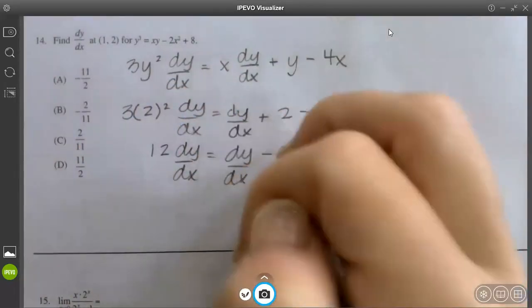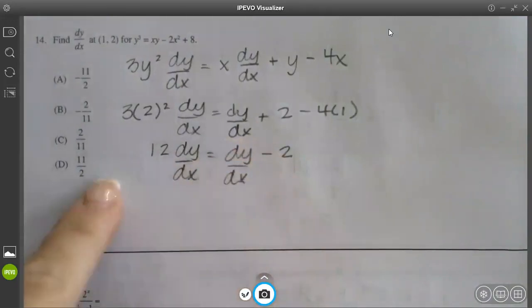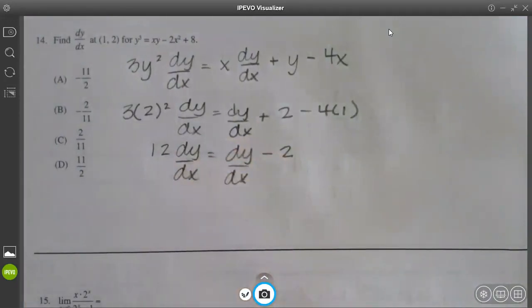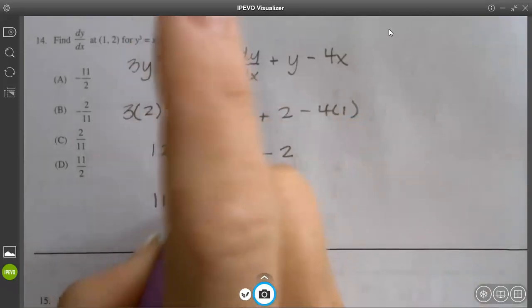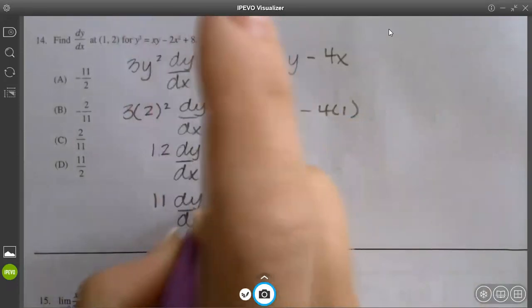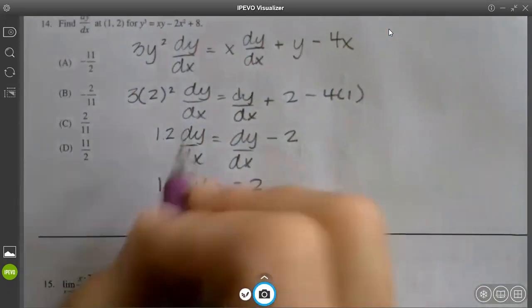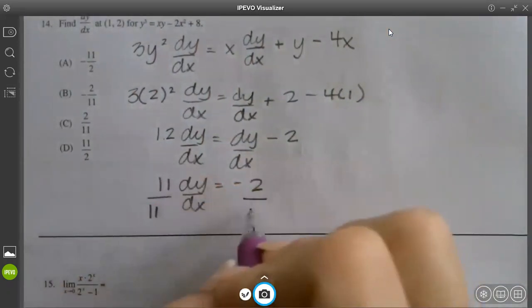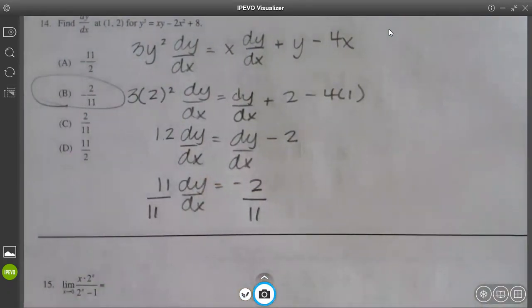Two minus 4 is -2. I'm going to move that dy dx over, so I'm going to subtract it. 12 minus 1 is 11 dy dx equals -2. How do I get dy dx by itself? Then I get -2 over 11. So I good?